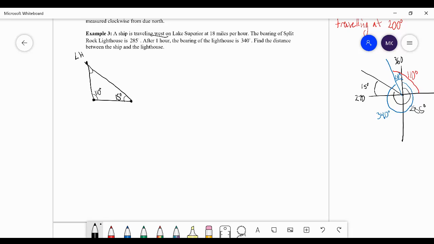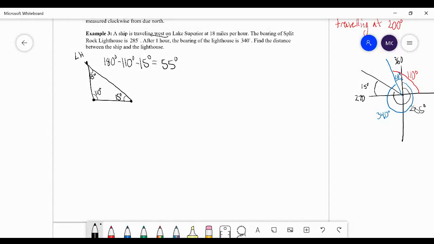And we get that this angle here is 55 degrees. So that's 180 minus 110 minus 15 equals 55. So we now know this. Now, all we have here is angle, angle, angle.